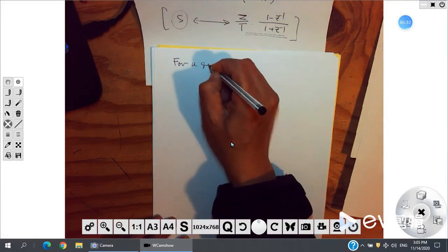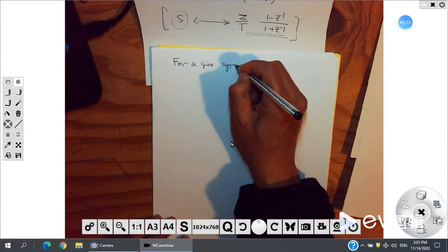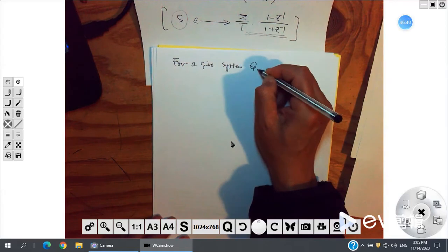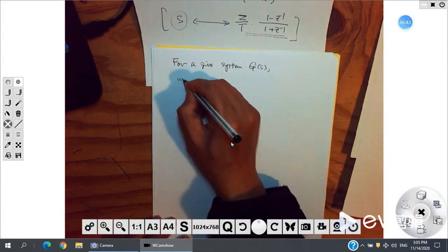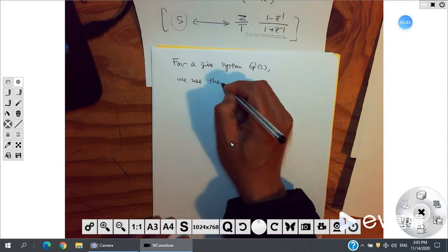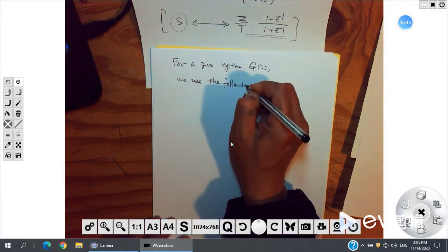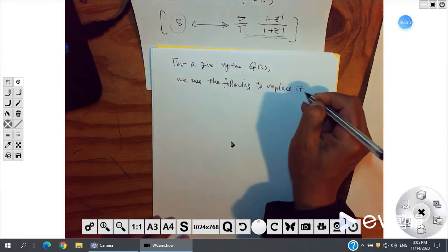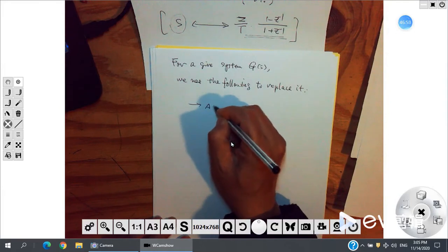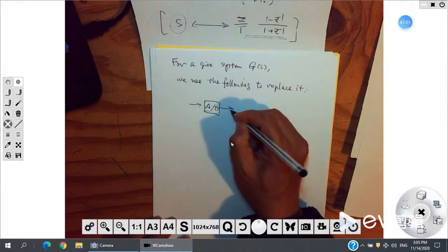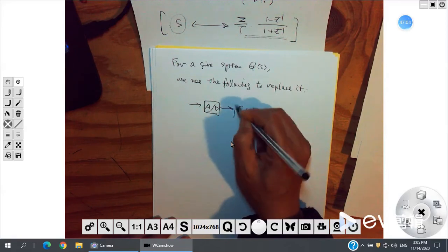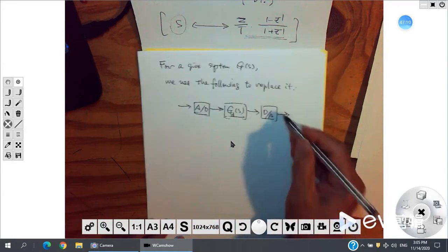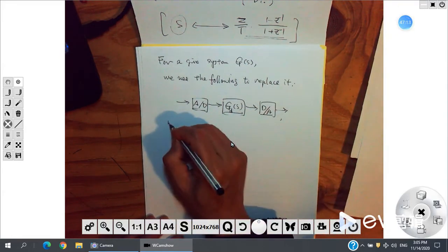For a given system, I will use G of S. We use the following to replace it. I have an analog to digital converter, then GD, and then a DA converter. Now we use this one to replace that one.